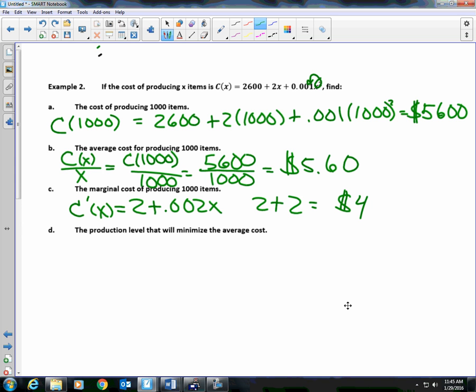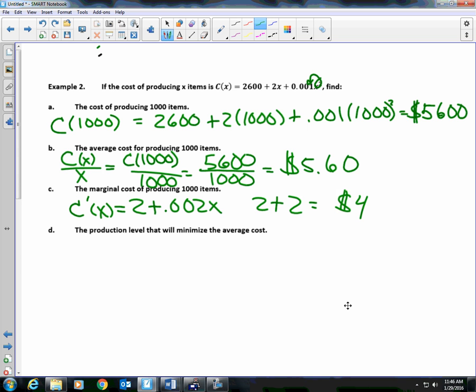Get $4. Somebody who's really smart, speak up and tell me, what does that $4 mean? The cost of producing the 1,001st item will be approximately $4.